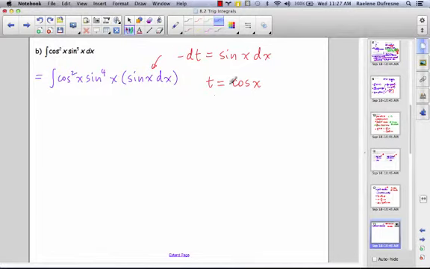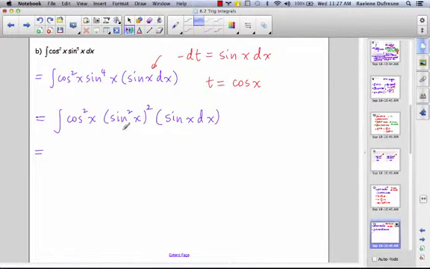So if we want to express the t variable for cosine x, we have to do something with the sine to the 4x. Namely, we can recognize that this is sine squared x all to some exponent. And we know that 2 times 2 is 4, so we have an outer exponent of 2. And we still have to rewrite everything except for the differential part in terms of cosine.